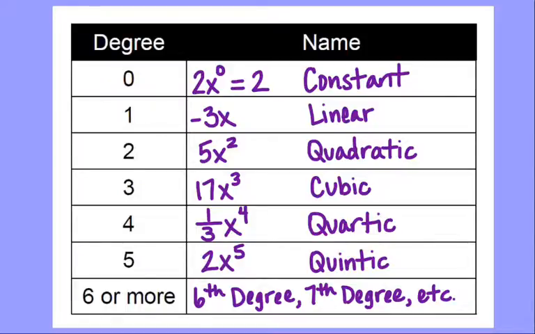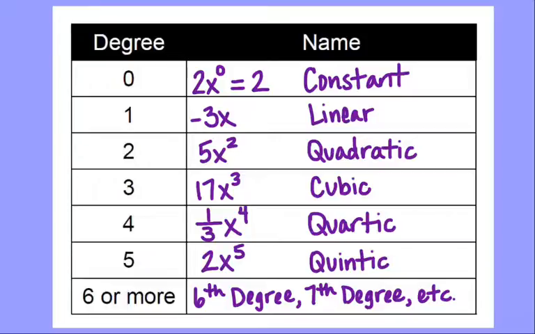Whatever the highest exponent is, 15th degree, you're just going to use that word instead of having a special name. Now, we could use that same terminology for a 3rd degree, 4th degree, 5th degree, but we just like the specific name of quadratic, cubic, quartic, etc.